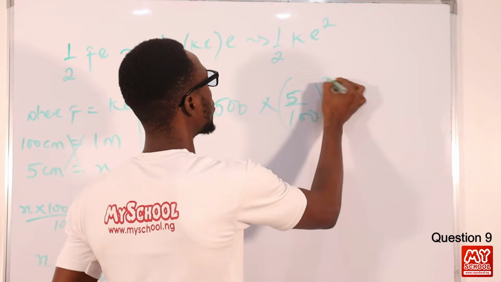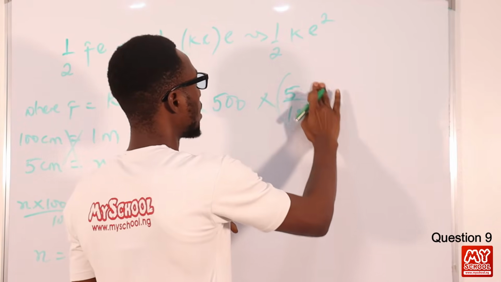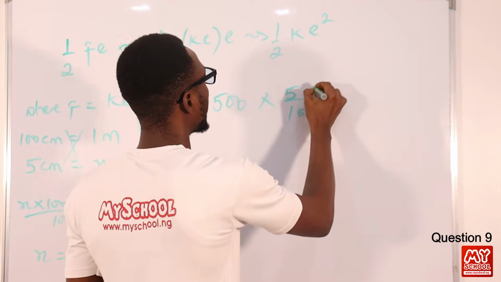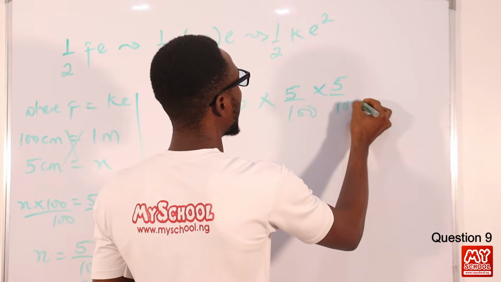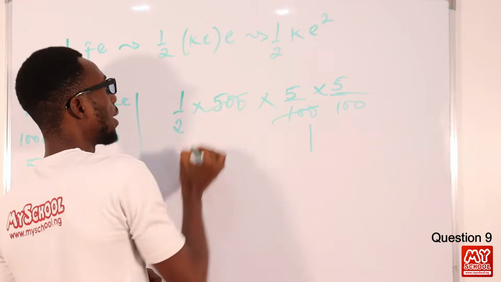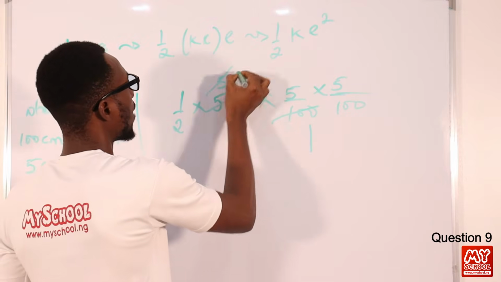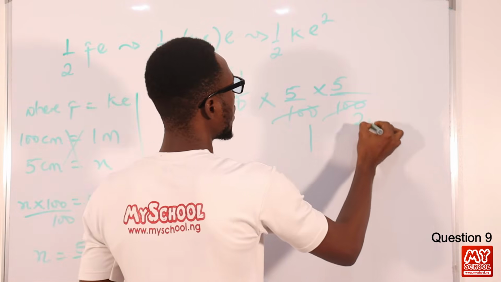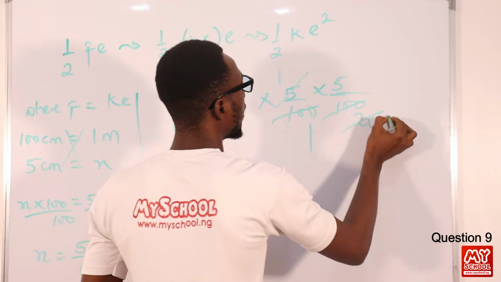Remember, raised to power 2. So instead of rewriting this, I will just wipe this off. Then I have times 5 over 100. So 100 and 500, 5 and 1, 5 and 20, 5 and 1, 5 and 4.